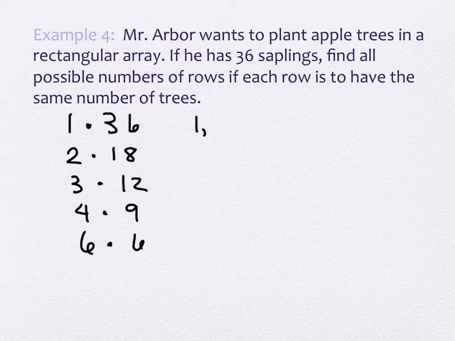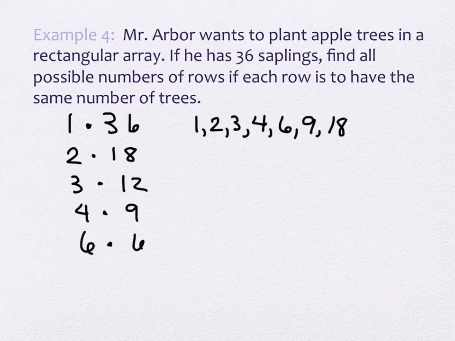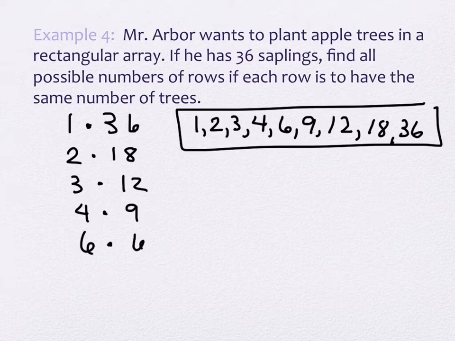So he could have 1 row, 2 rows, 3, 4, 6, 9, 12, then 18. Or he could have 36 rows of 1. You could argue that the 1 and the 36 are kind of bizarre in this situation, but you could have 1 row of 36.